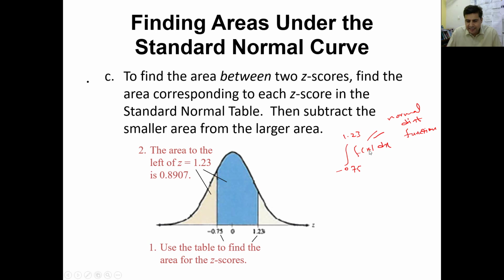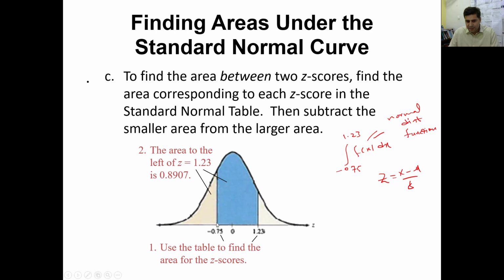If we start integrating this, it will be very complex and difficult. But if you know the concept of the standard normal distribution, where z is equal to x minus mu over sigma, we will use these values to calculate the area for z of 1.23, and we will calculate minus 0.75 from the table.